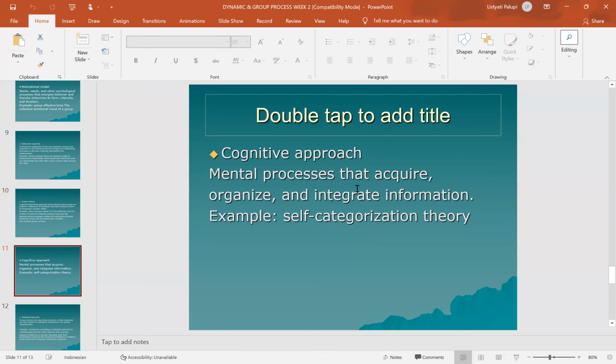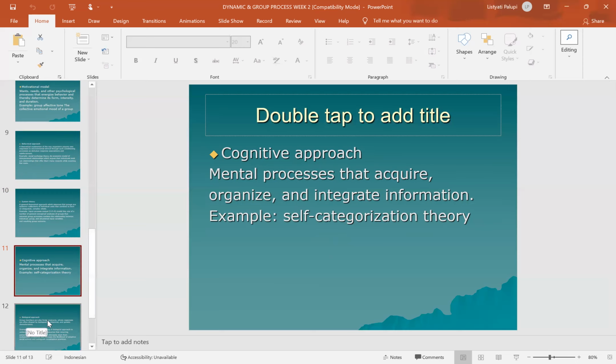Self-categorization theory argues that individuals tend to categorize themselves and others into groups that have the same characteristics. So the mental process of categorizing themselves and others into groups that have certain similarities is based on a cognitive approach.